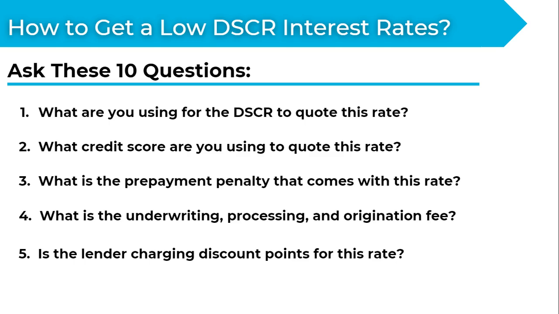However, some rates come with discount points, meaning that you pay an extra $1,500, $2,000, $3,000 for that rate. So they might quote you a better rate than lender B does. However, they're charging you an additional $3,000 for that rate.